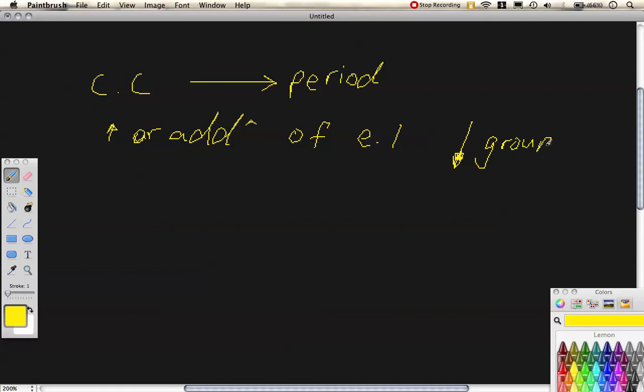So it's important to understand the distinction, guys, that core charge doesn't actually have much effect on the explanation of the trends down a group. It is the addition of these energy levels that plays the major role. So it's important to get that right.